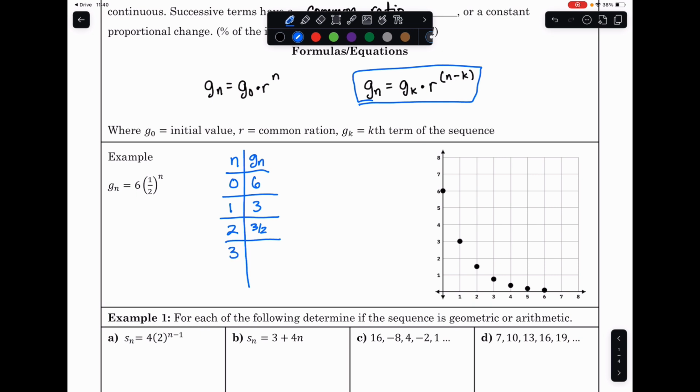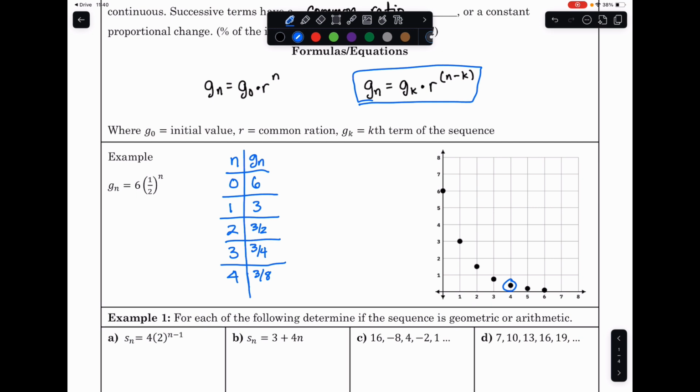When n is 3, that value there is 3 over 4. When n is 4, that point that we have right there is 3 over 8. And then we have two other points, 5 and 6, which I'm not going to fit right there. But again, this is what the values are.